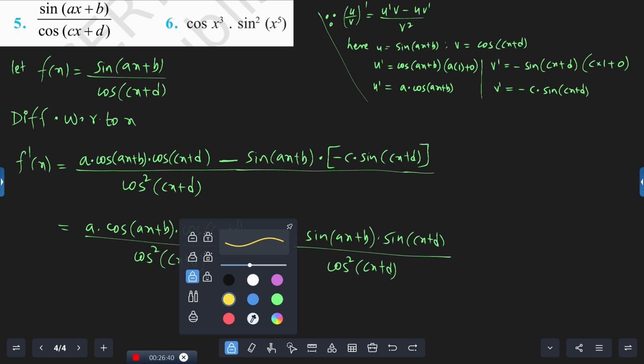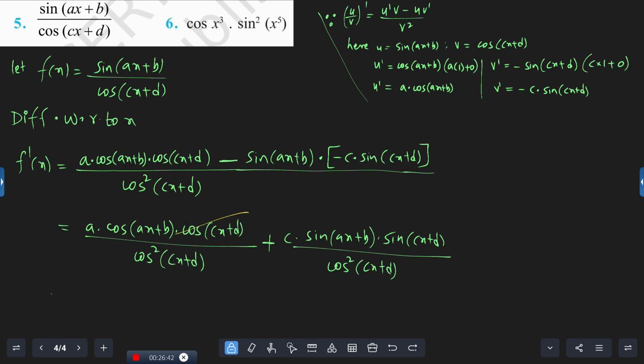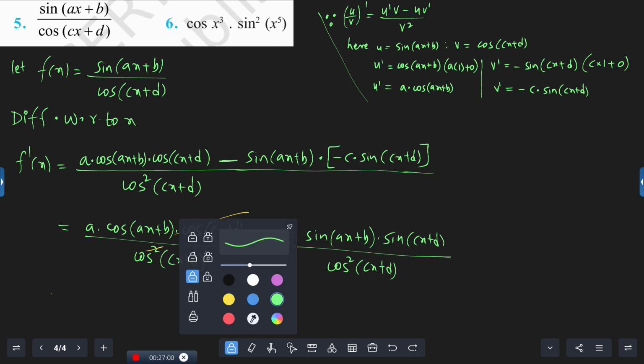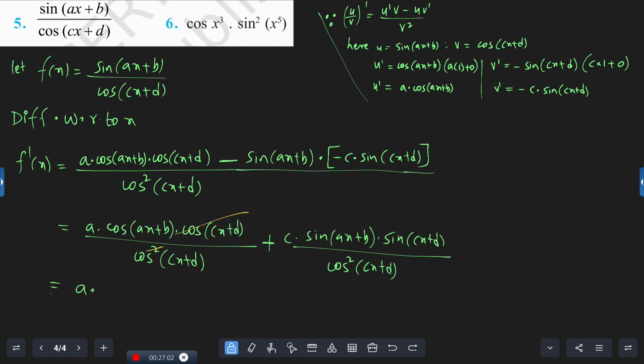You can notice that if the angle is common, then only we can cancel: one cos of cx plus d, one cos of cx plus d. Here nothing is cancelled because this is sine of cx plus d and here cos of cx plus d. Sine is there, so we can't cancel. Then what is remaining: a into cos ax plus b divided by cos cx plus d.